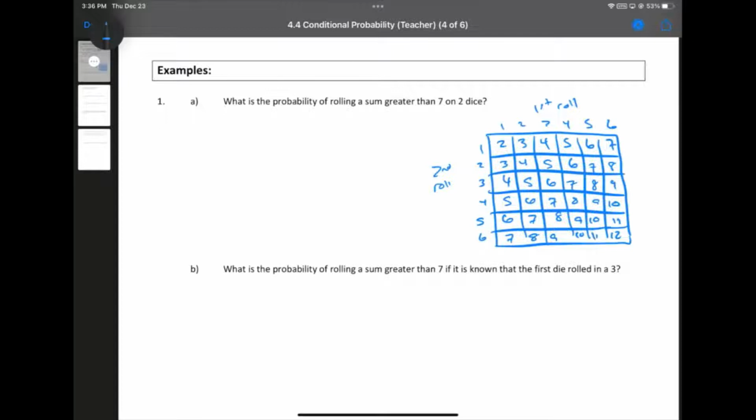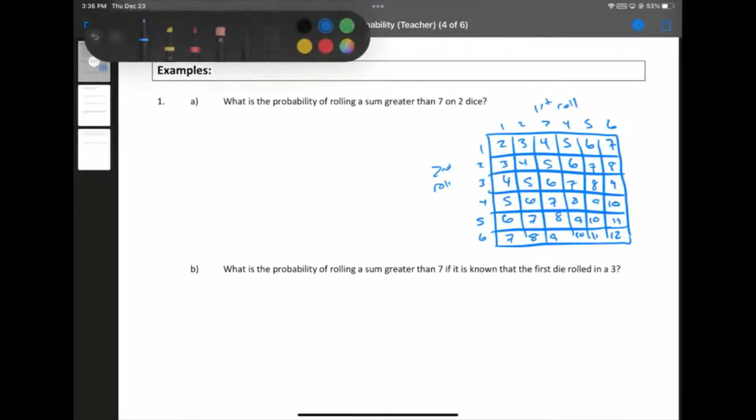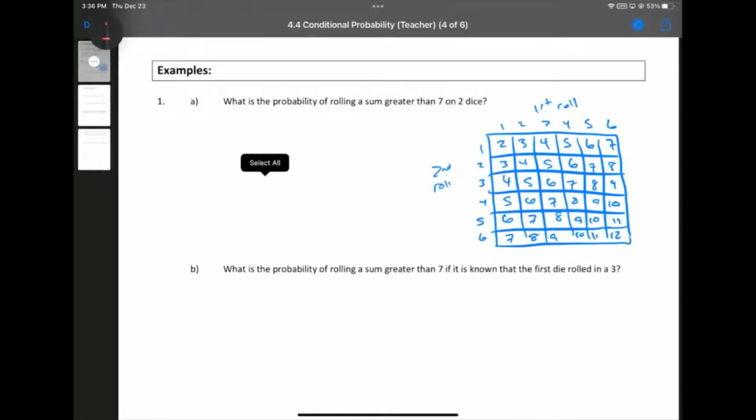Sum greater than 7 means it has to be 8, 9, or 10. So 8s, 9s, 10s, 11s, 12s, those are all greater.